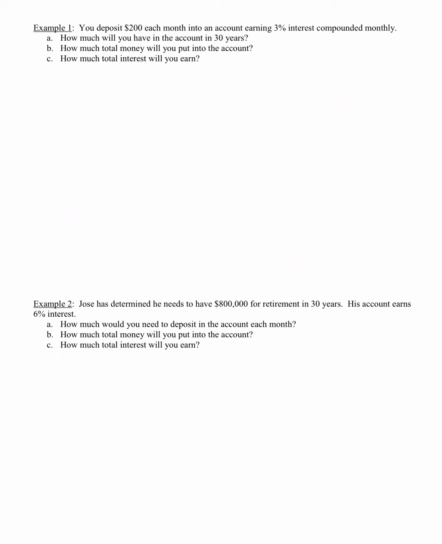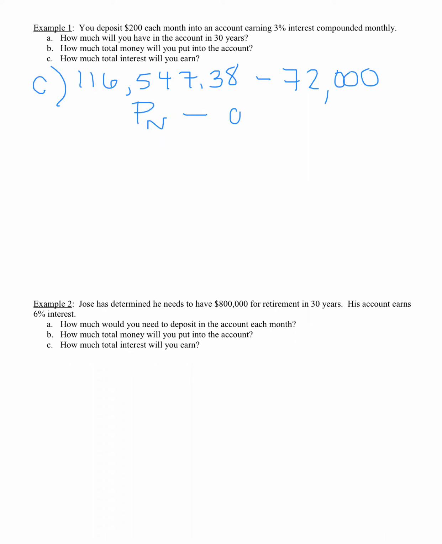So for part C, how much total interest would you earn? Think about this. If you are getting out $116,547.38 and you put in $72,000, the difference is your interest. So it's your PN, your total amount, minus the amount you paid.